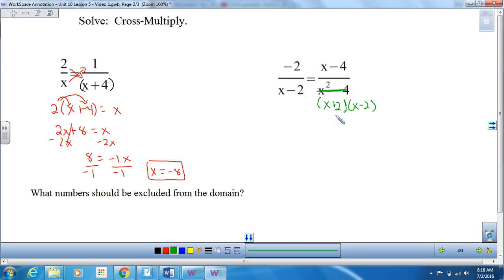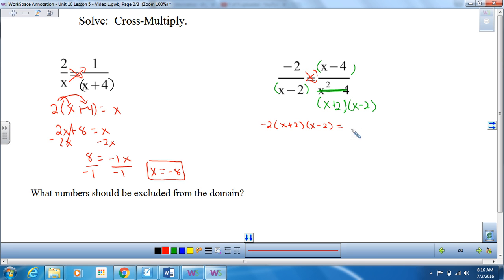Okay, so I can cross multiply. I also am going to put parentheses around these. So that's negative 2 times x plus 2 times x minus 2.